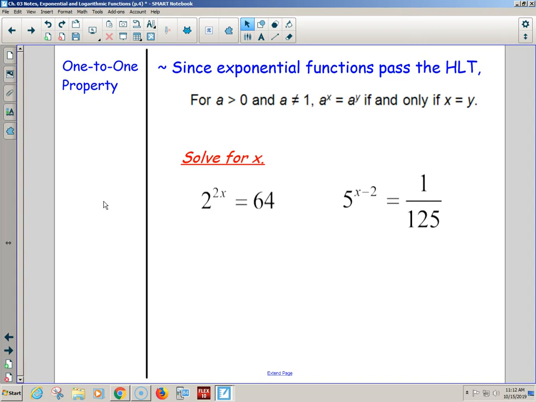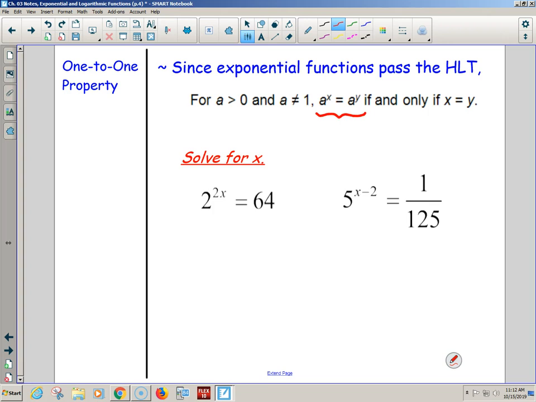One-to-one was a function that passed the horizontal line test. One-to-one functions say each x has a unique y, each y has a unique x, which means there's only one way that this could be true. Otherwise the function is not one-to-one.